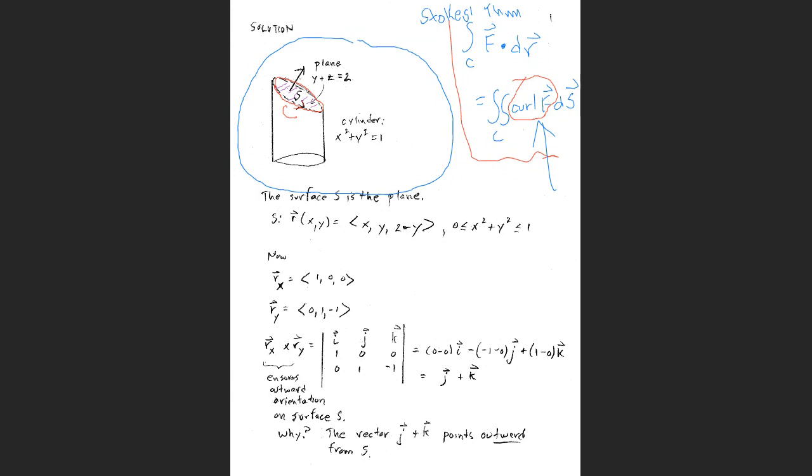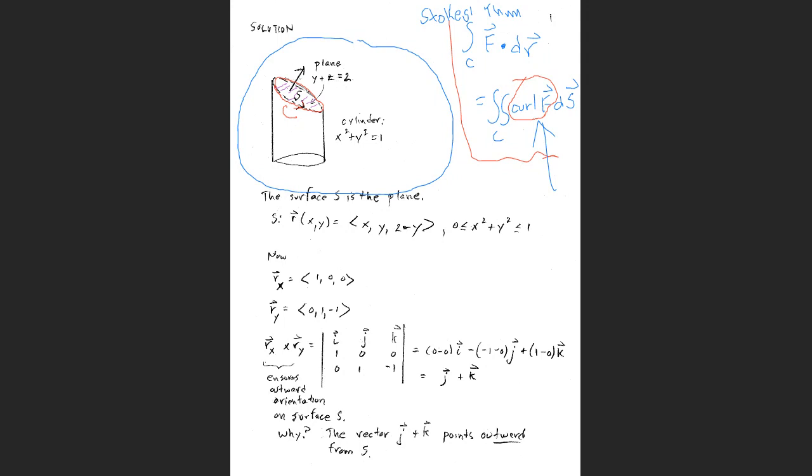Is the surface S in the picture there part of the cylinder or part of the plane? It's part of the plane. That's right. That's good, Ellie. That's good, Charles. Therefore, the parameterization is for the plane, but not the whole plane, right?